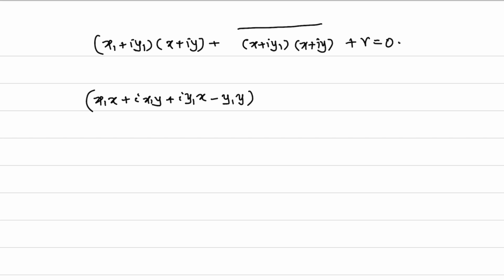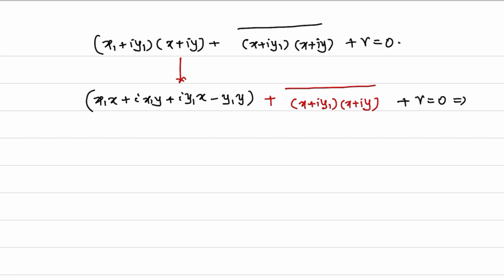This is the value of this, plus conjugate of this value. Don't worry, we will write like this only. Conjugate of this value, which we have got here, plus r is equal to 0.